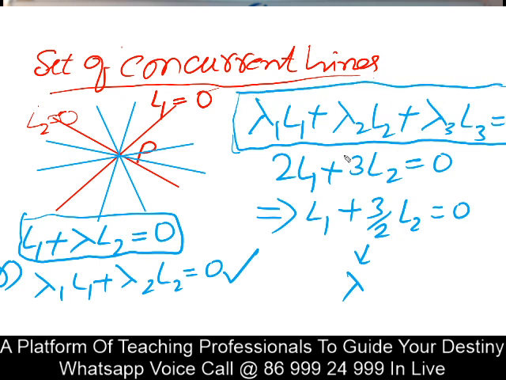If such a condition is satisfied, then L1, L2, L3 are said to be concurrent lines, provided not all of lambda 1, lambda 2, lambda 3 are zeros.